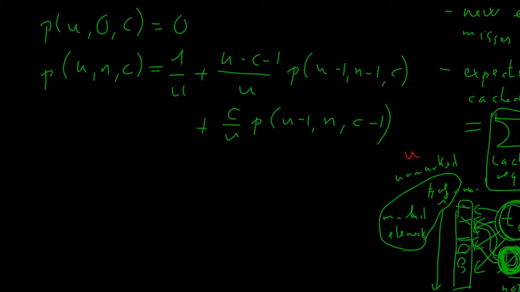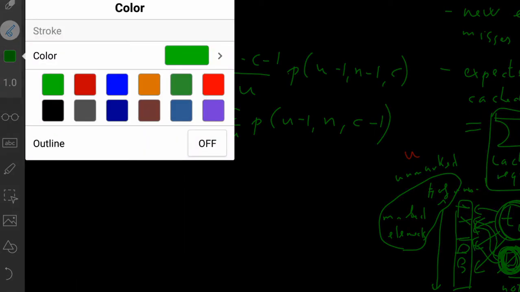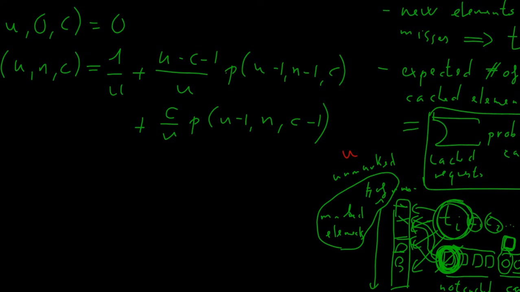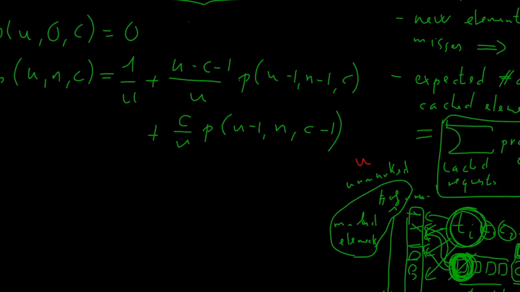So I say that in general I have some conjecture that P(U, N, C) is smaller than or equal to something which is, say, N divided by something, and the something is, say, the number of unmarked elements in the cache, maybe, minus the elements still arriving before me.